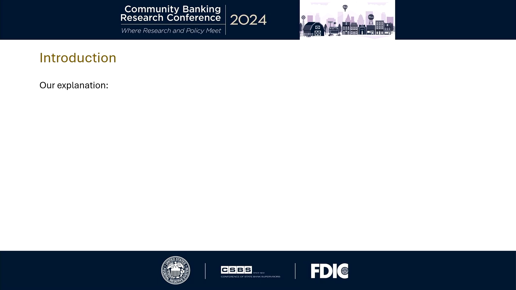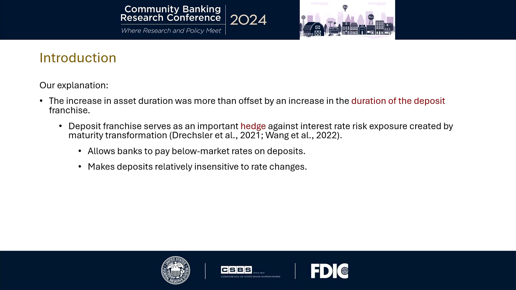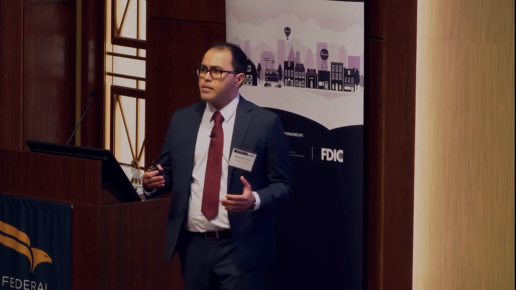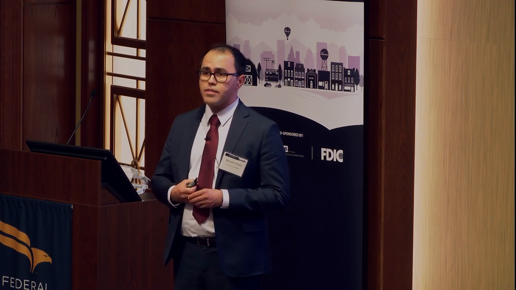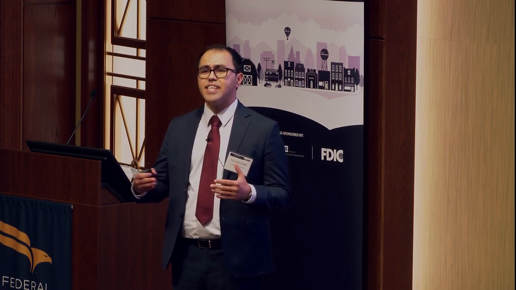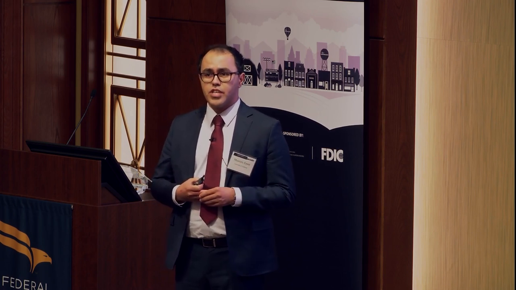We built an explanation for this question, and it relies on recent insights in the literature. Recent literature suggests that banks operate a deposit franchise, and banks usually have market power when setting their deposit rates, which can be insensitive to interest rate changes.